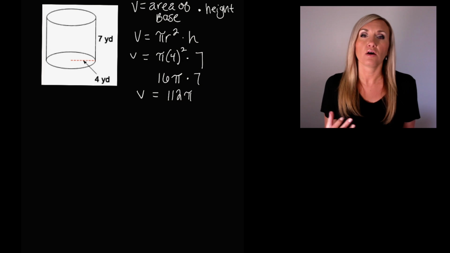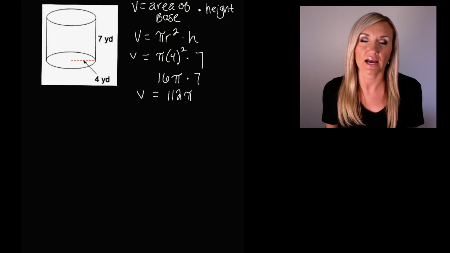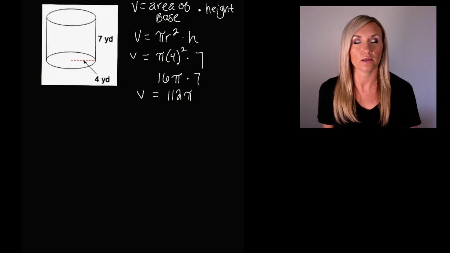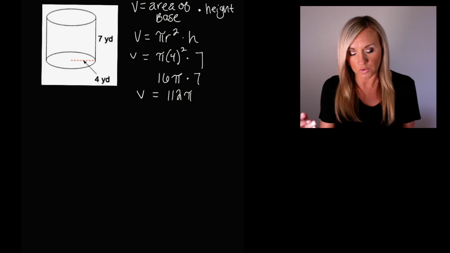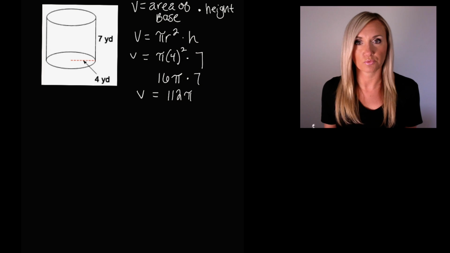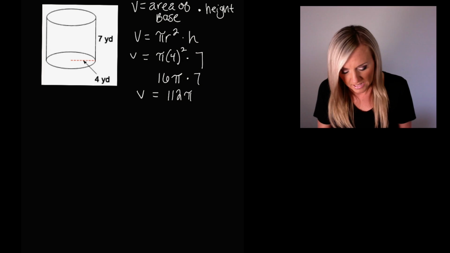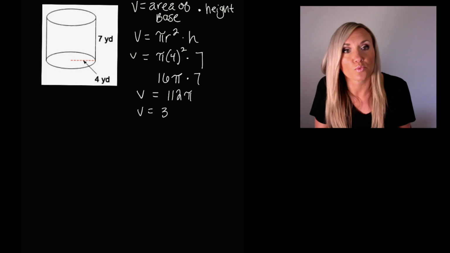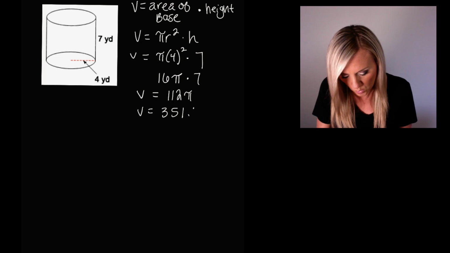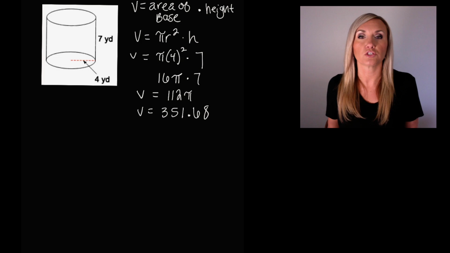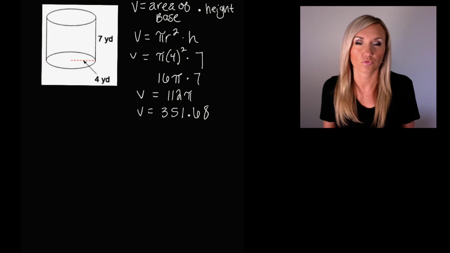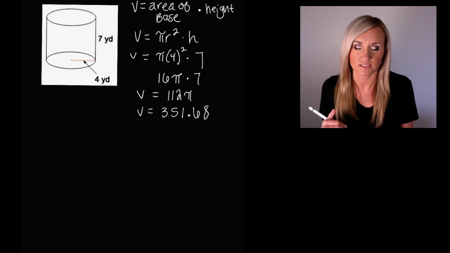But for the sake of our lesson for today, I'd like you to multiply with pi using 3.14. So do 112 times 3.14, and that's going to give us 351.68. Also today we are going to be rounding to the nearest tenth, which is the first number past the decimal.